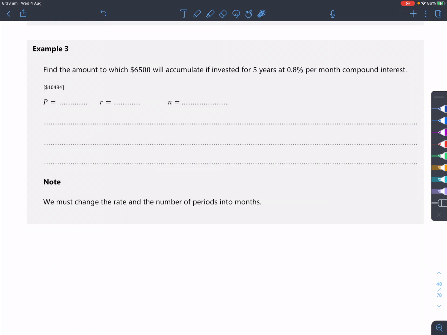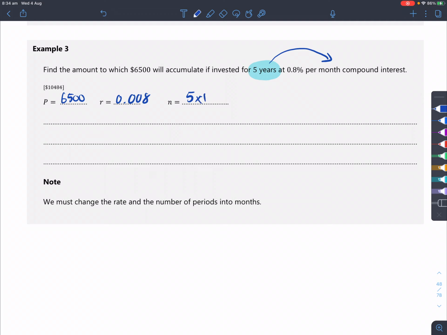All right. So let's start off with the fact that we've got P as $6,500. Okay? So I'm going to write that down. Your rate here is going to be this, and keep it as this. Okay? Keep the rate the same. That's 0.008. However, this number here is going to change. So you got to write this in terms of months.